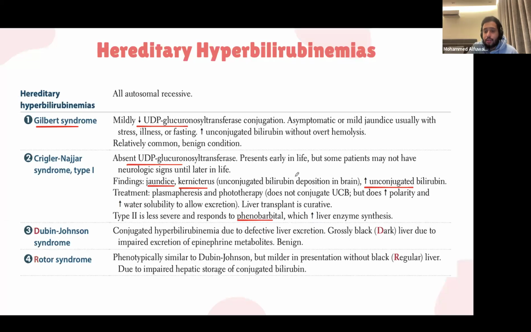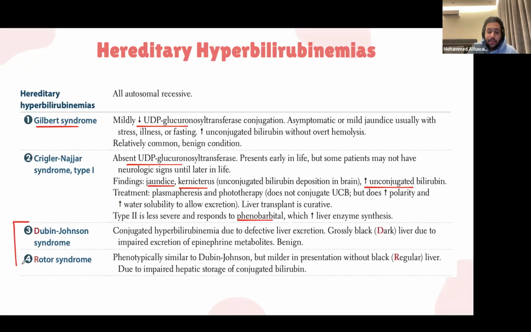They have absent UDP glucuronidase transferase. Type 1, you treat it with phototherapy and plasmapheresis to try to increase basically the solubility of the bilirubin. Usually, it will lead to liver transplantation. Type 2, you can treat it with phenobarbital.